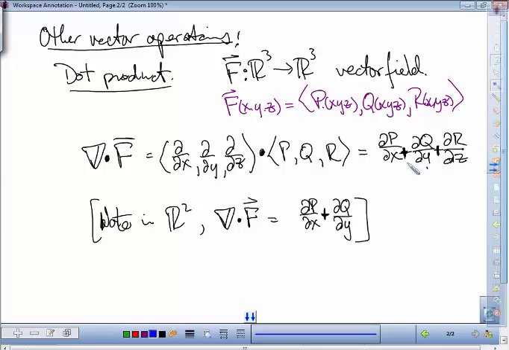So let's make a point that our output here is a scalar. It's going to end up being a scalar function. Okay?